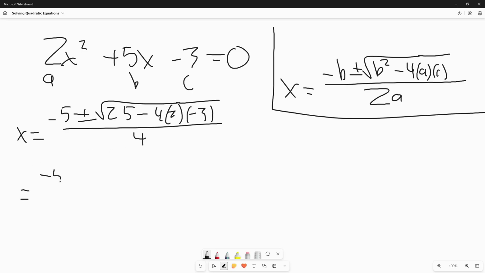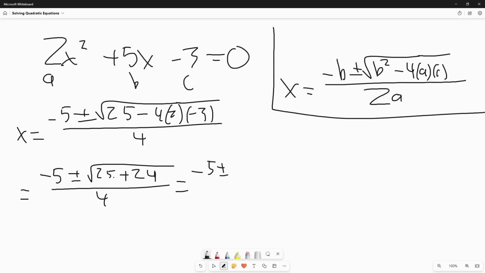So we get negative 5 plus or minus the square root of 25 minus negative 24, which would be plus 24, over 4. And we get this, negative 5 plus or minus, this is 49, and the square root of 49 will be 7. So we get this.